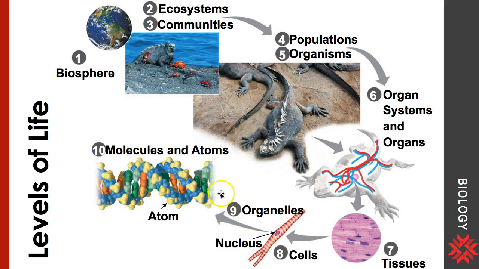Again, if you go down a step further, you now enter the chemical level in this hierarchy. And the chemical level consists of molecules, and molecules are just interconnected atoms that are interacting with one another. So atoms, we know, are that smallest unit of matter, and those atoms are going to interact with one another on that chemical level in order to produce molecules.